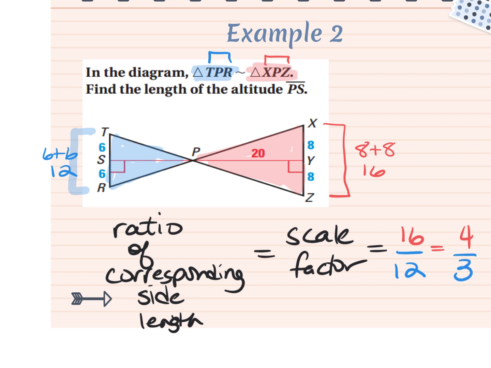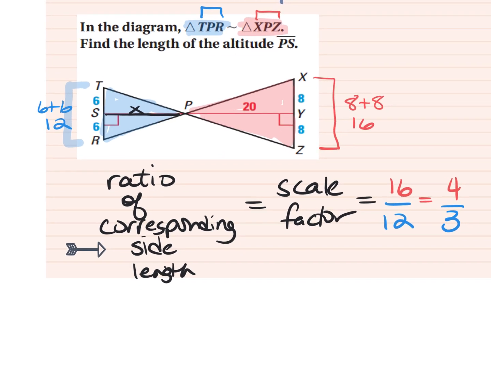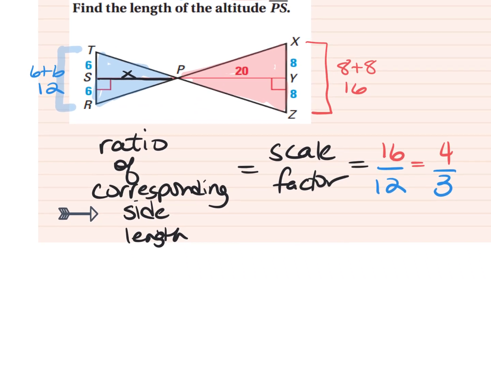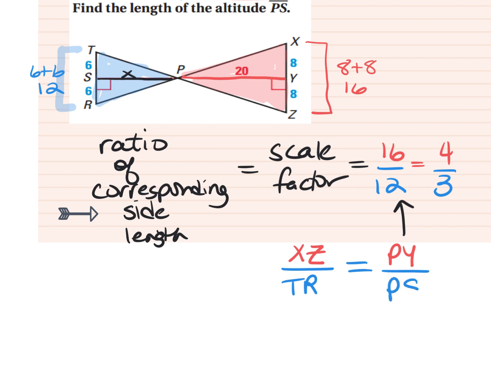This is going to be the scale factor that I'm going to use in my proportion to find the length of PS. Now I'm going to just say that PS here, I'm going to say that this is X, just to make my proportion a little bit easier. So what I'm going to be doing is this right here was XZ over TR, and I'm going to set that equal to the altitude in the red one, which is PY, over PS.